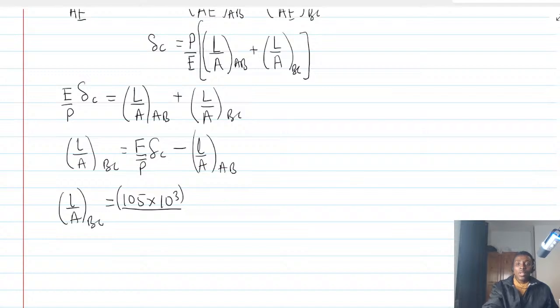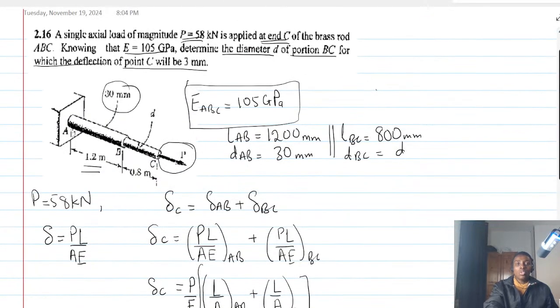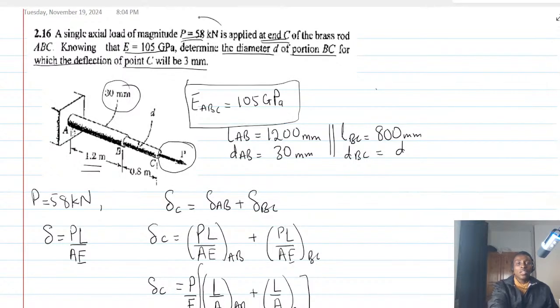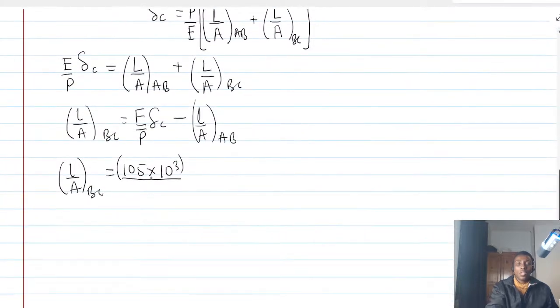We know P. What is P? The load, and the load was 58 kilonewton. So that's 58 times 10 to the power 3.